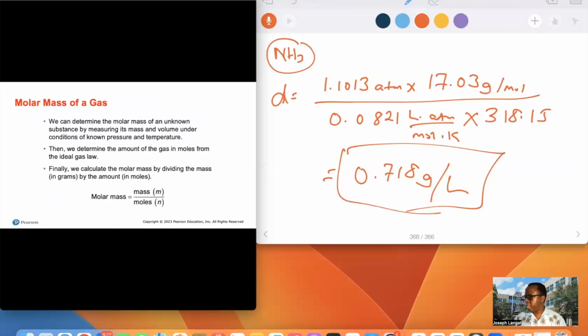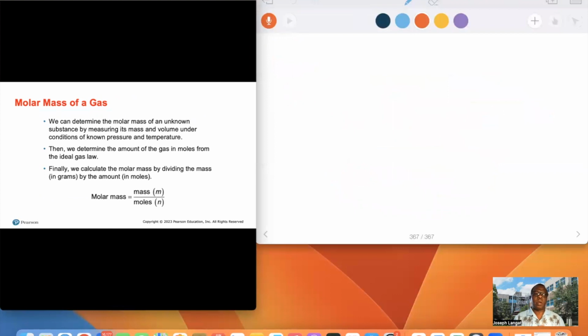So we have looked at how to find the molar volume and how to find the density of a gas. Moving forward, we can also use the ideal gas equation to find the molar mass of a gas. Recall, molar mass is given by mass over number of moles. If you know the mass and the number of moles, you'll be able to find the molar mass.